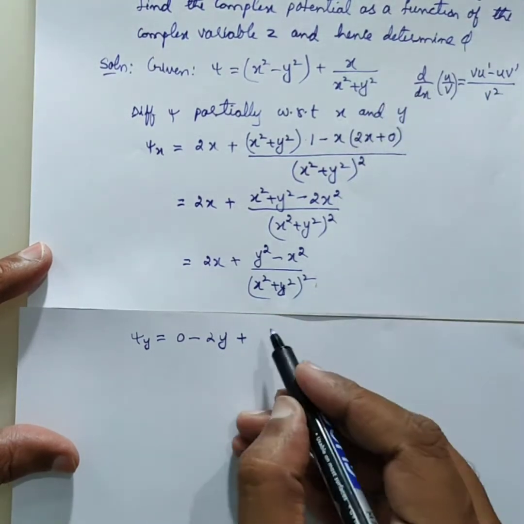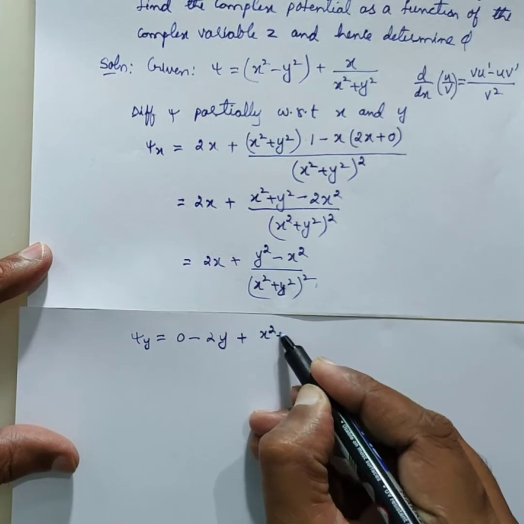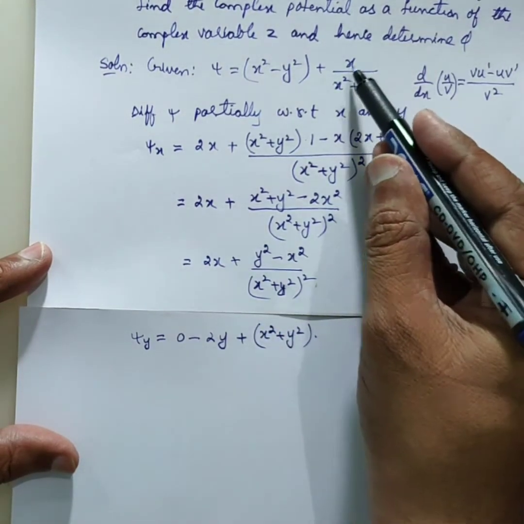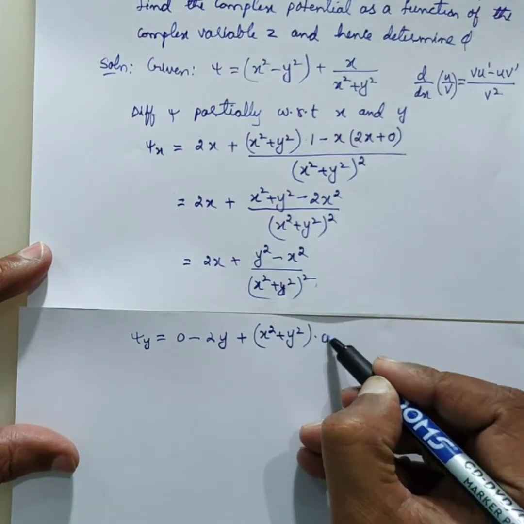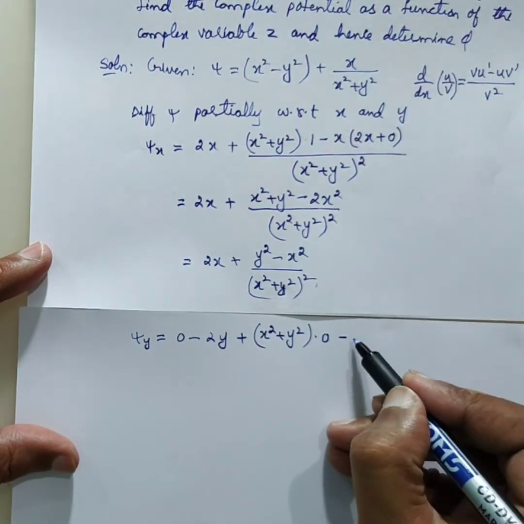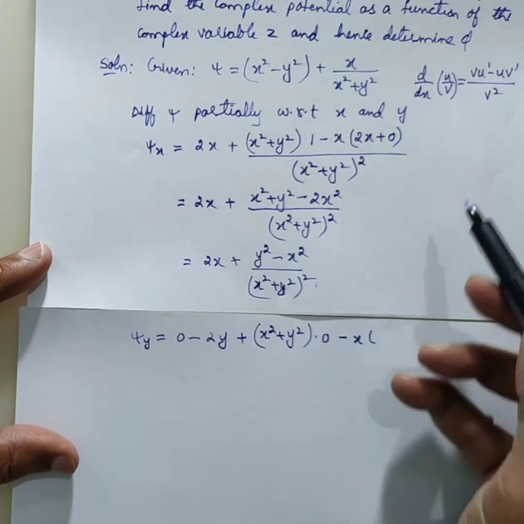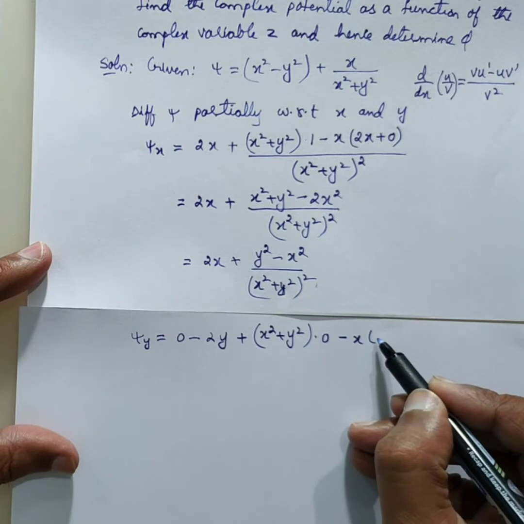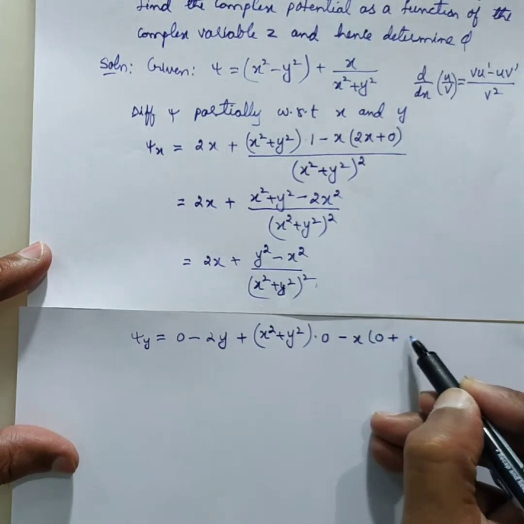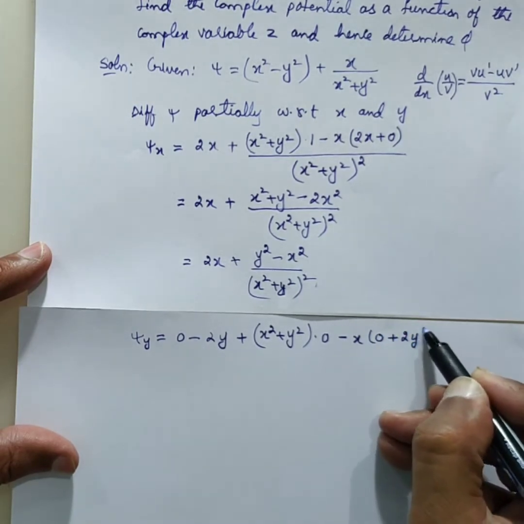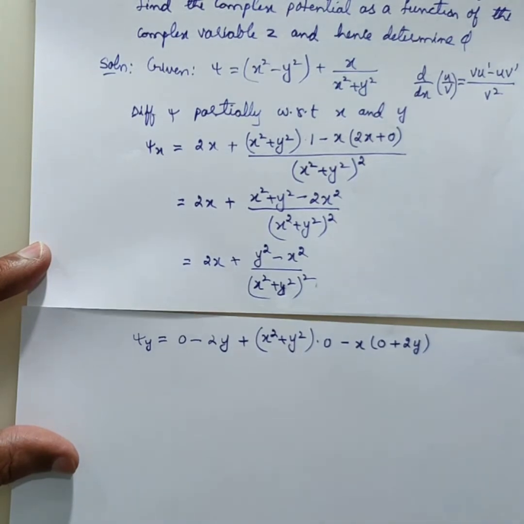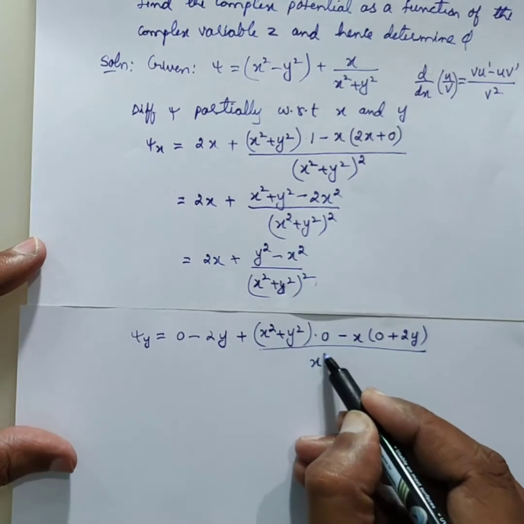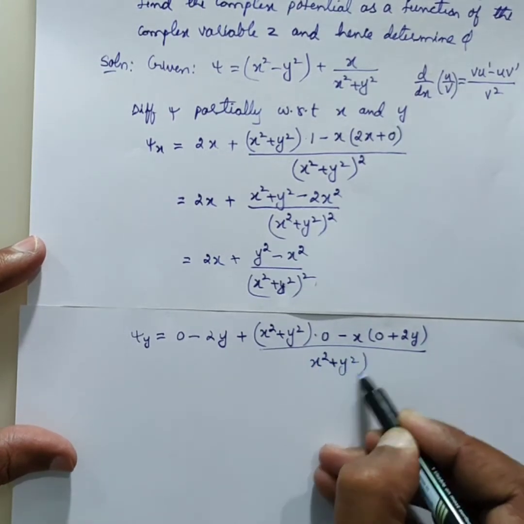So it is v into x square plus y square into differentiation of x with respect to y, which is 0, minus u into, that is x into differentiation of v, that is x square plus y square. X square differentiation will be 0, y square differentiation will be 2y. It is whole divided by v square, so whole divided by x square plus y square whole square.